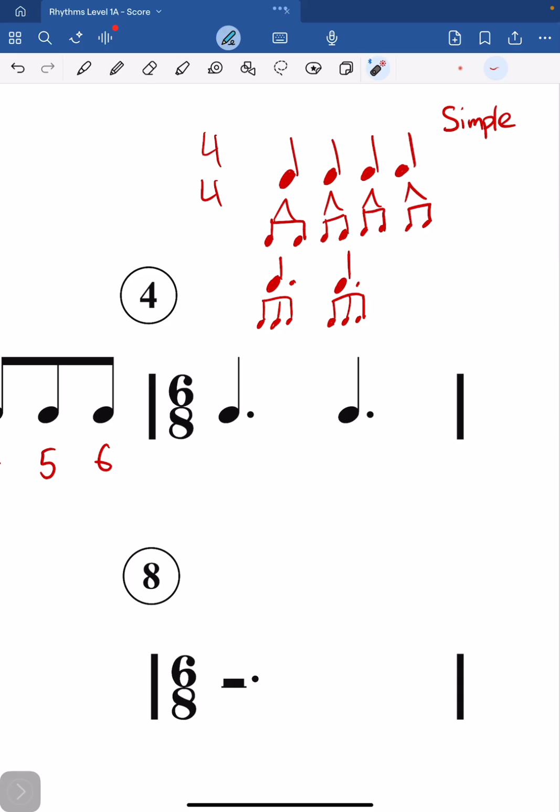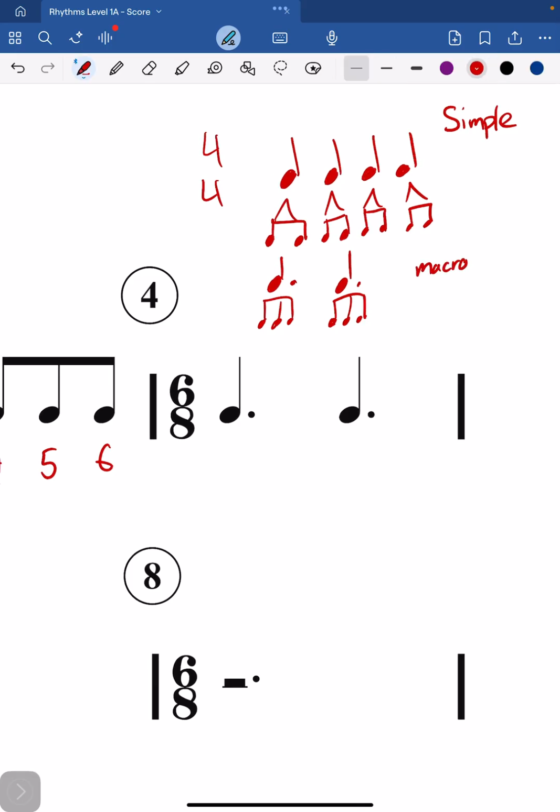A macro beat basically just means big. So a micro beat would be small. So we're talking about the macro beat here. And notice that the macro beat is not divided into groups of 2.